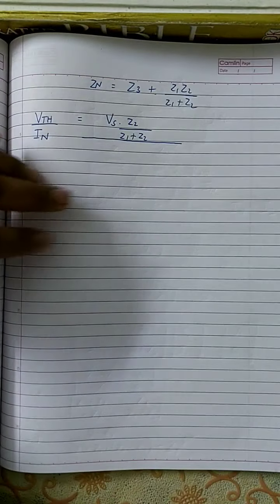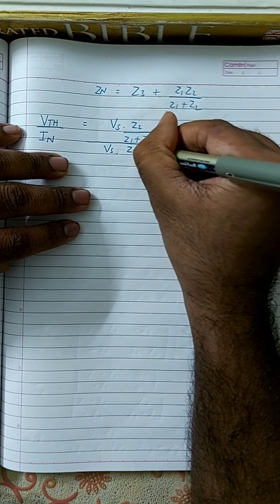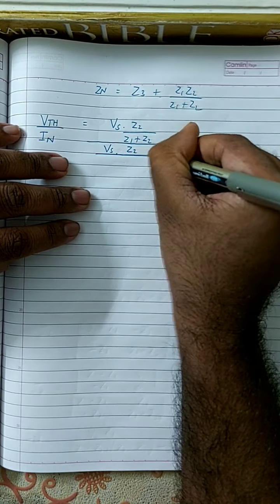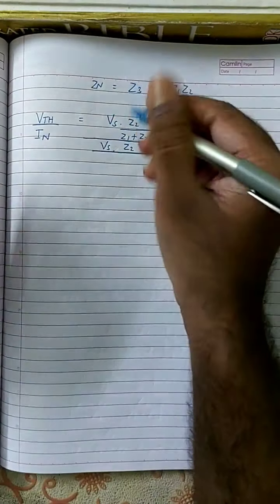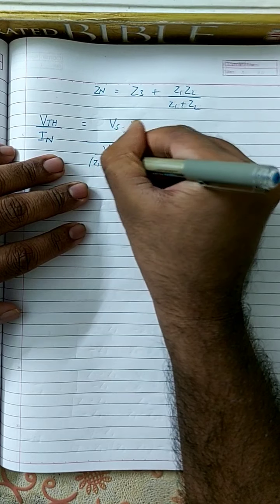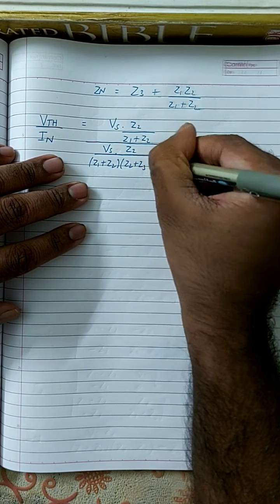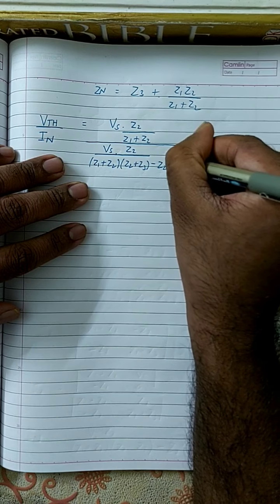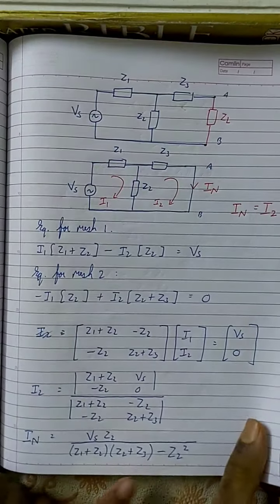I have already found IN, right? IN is Vs into Z2 by Z1 plus Z2 into Z2 plus Z3 minus Z2 square. Okay, this is IN, right?